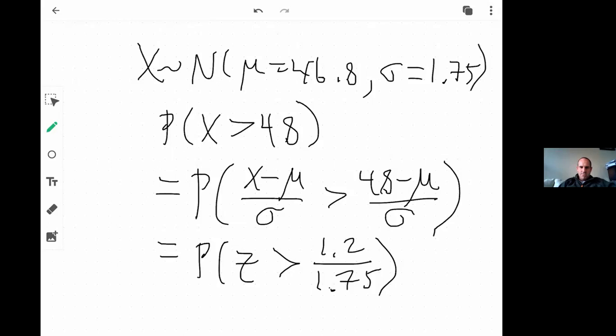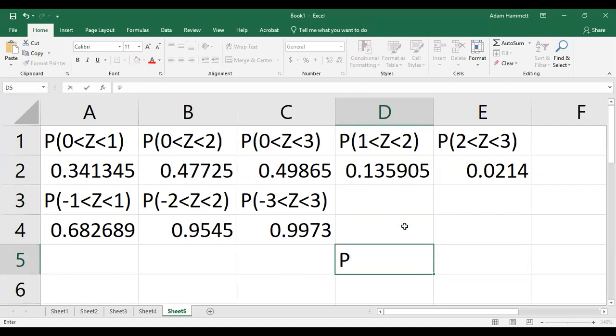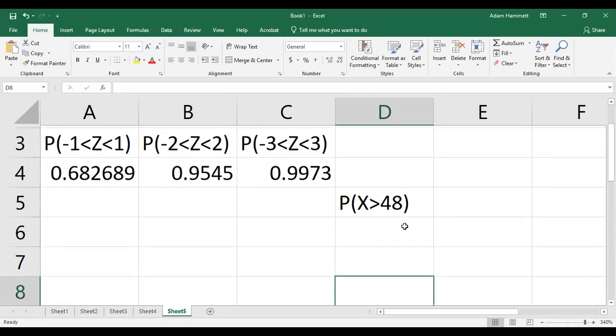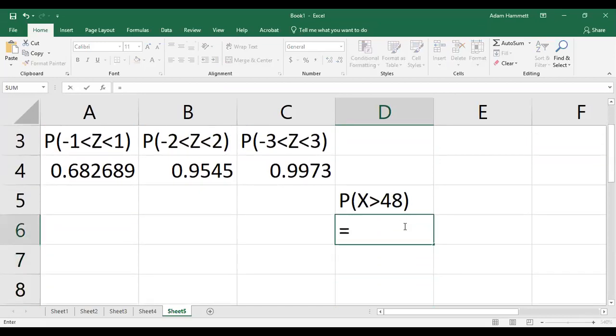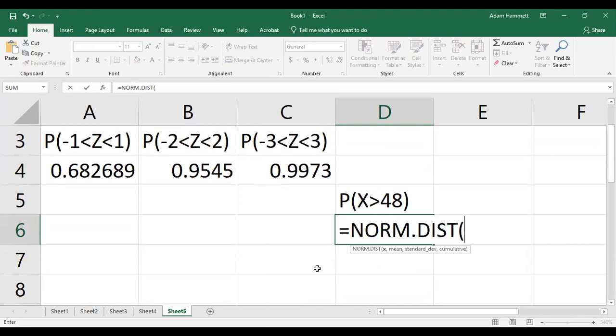So what I'm going to do is go into Excel and take a peek at that. We wanted the probability that x was greater than 48. I could just use the normal distribution directly.